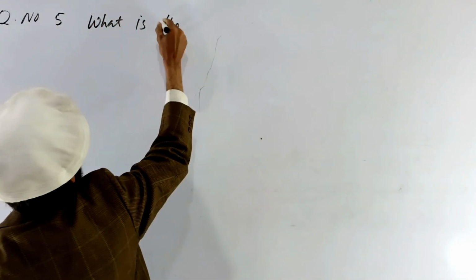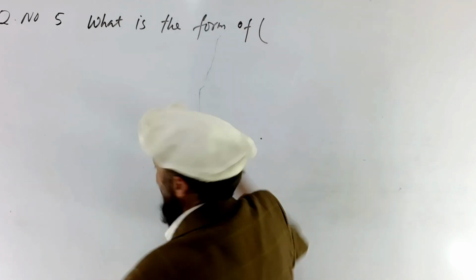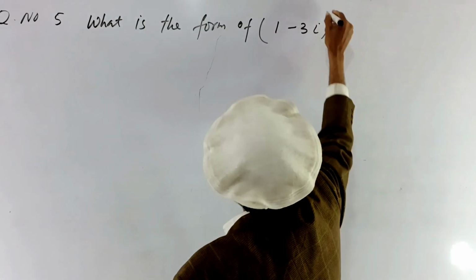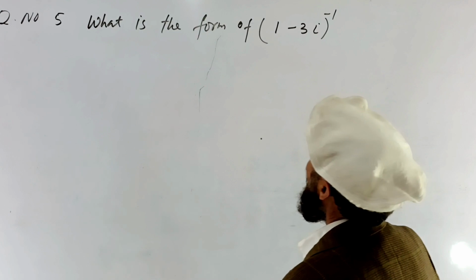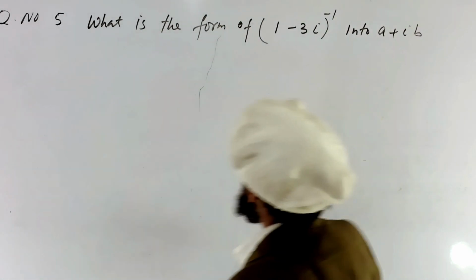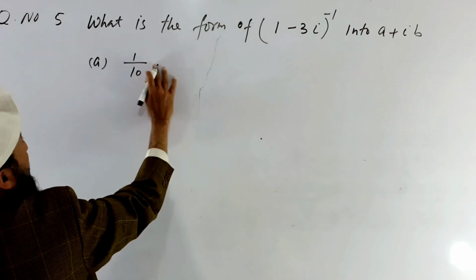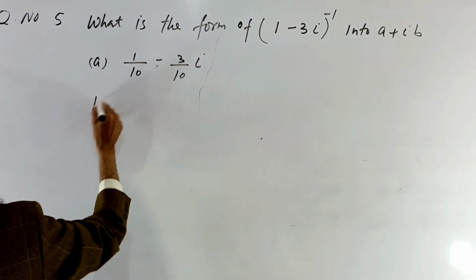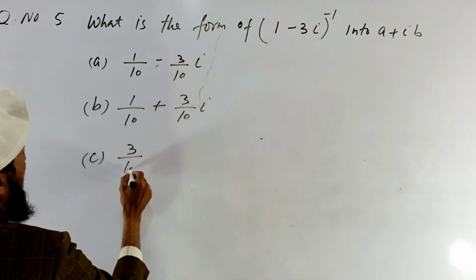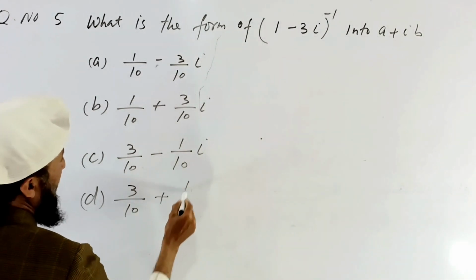What is the form a plus iota b of 1 over 1 plus 3 iota? A) 1 divided by 10 minus 3 divided by 10 iota, B) 1 divided by 10 plus 3 divided by 10 iota, C) 3 divided by 10 minus 1 divided by 10 iota, and D) 3 divided by 10 plus 1 divided by 10 iota.